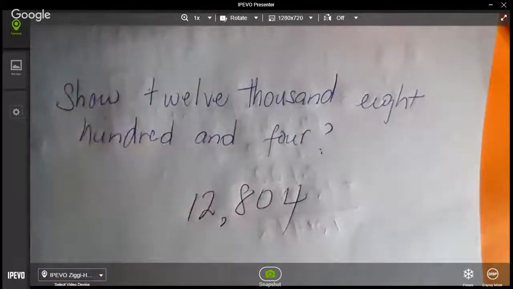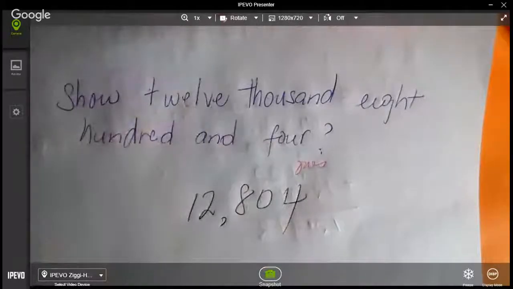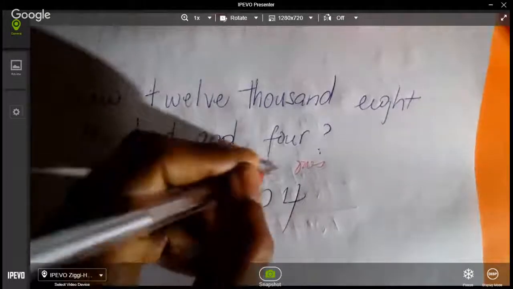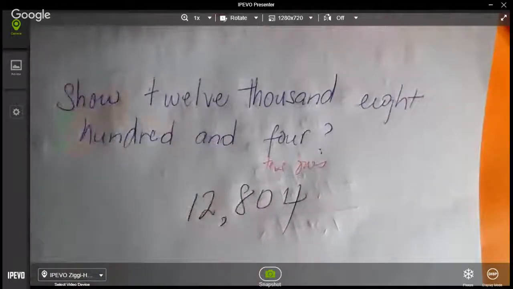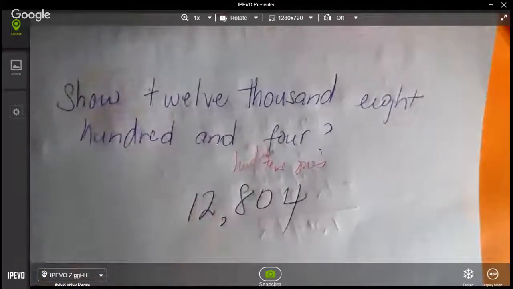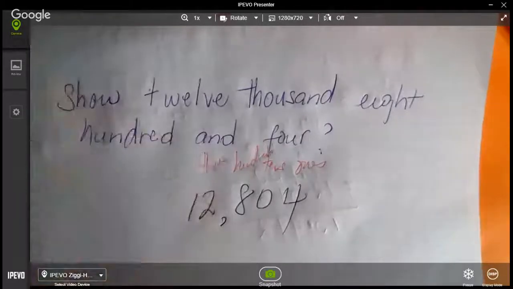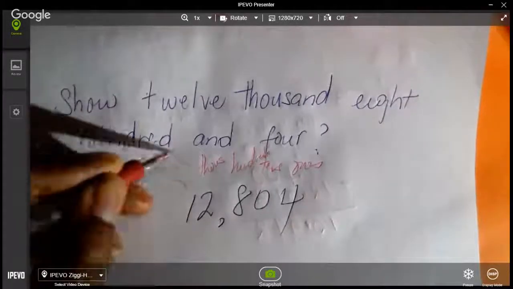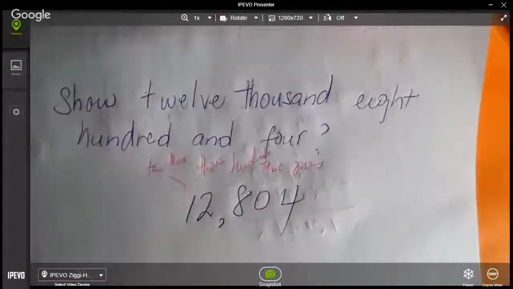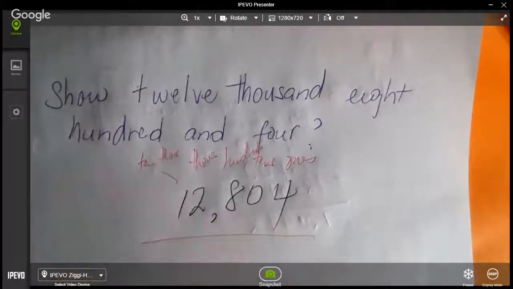So let's see if we can label this up. Ones, then what? Sir, tenths. All right. Then hundredths, thousandths, and 10,000ths. So, Tally, is this okay? Yes, sir. All right.